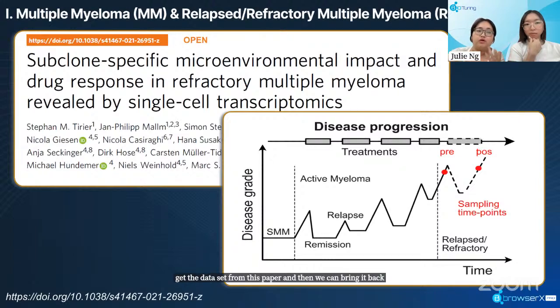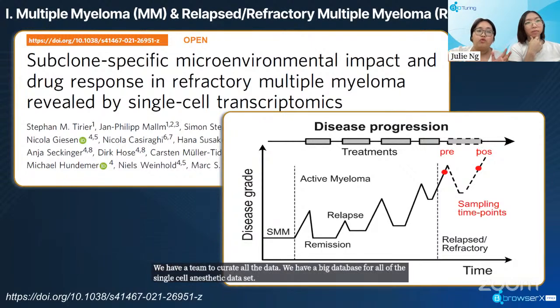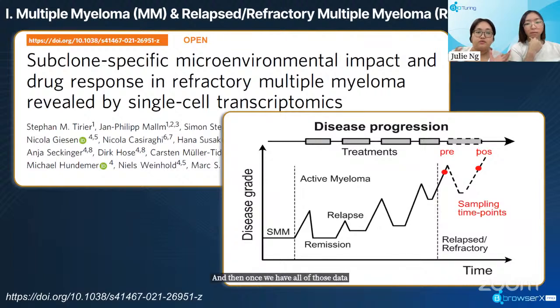We have a team to curate all the data. We have a big database for all of these single cell RNA-seq datasets. Once we have all of those data, we can analyze them on our analysis platform. I hope that answers your question. This is publicly available data, not our internal data.